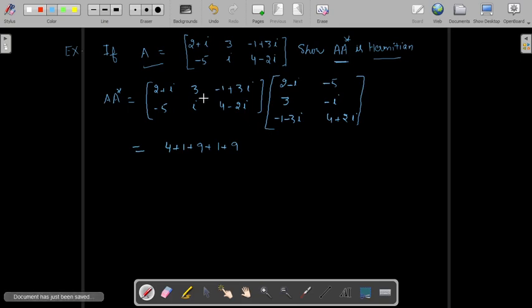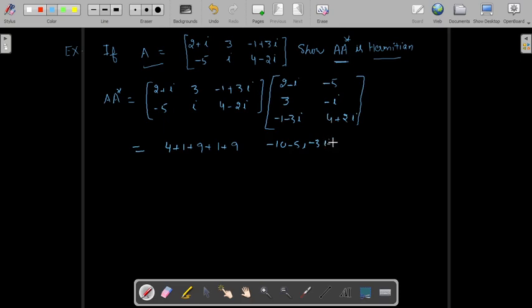Next, this into this, next this into this. So this becomes 2 plus iota into minus 5. So this is minus 10 minus 5 iota, 3 into minus iota, so minus 3 iota. Next, minus 1 plus 3 iota, 4 plus 2 iota.